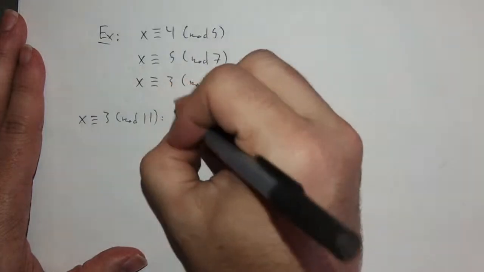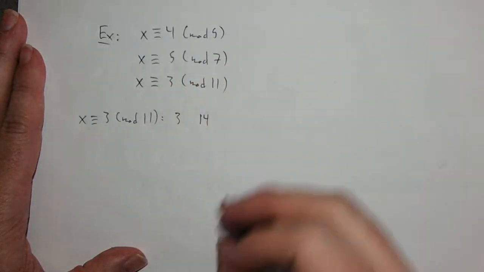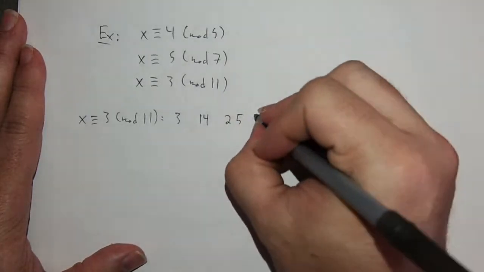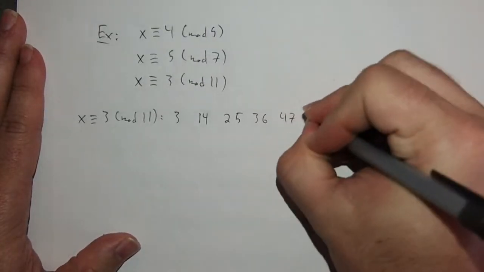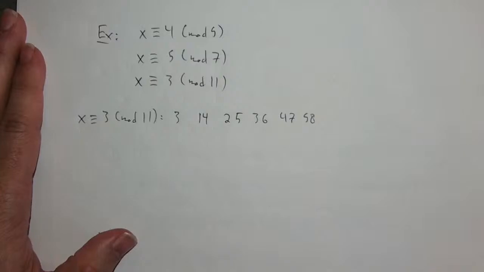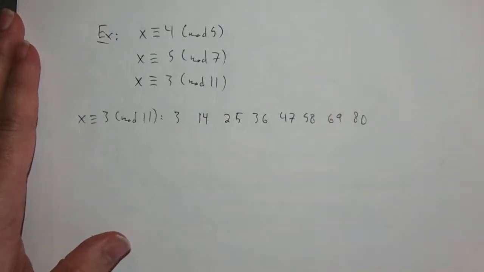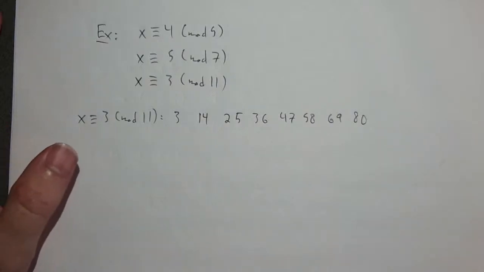Well, 3, obviously, plus 11 is 14, and then 25, and then 36, and then 47, and 58, and 69, and 80, and so on, right? That's a bunch of them.